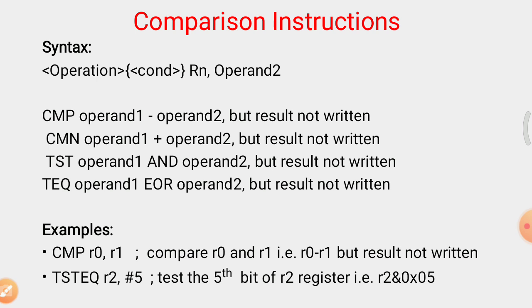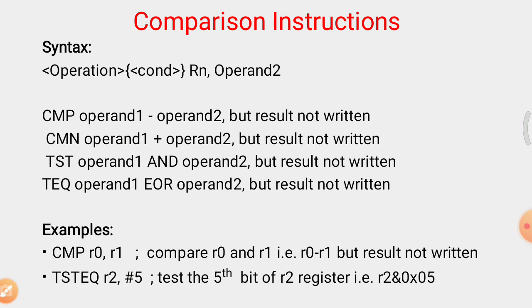So whenever these instructions are executed, the result is not going to be stored anywhere. These instructions are used only to update the flags. Even if we don't use the suffix S, these instructions are going to be updating the flag fields.